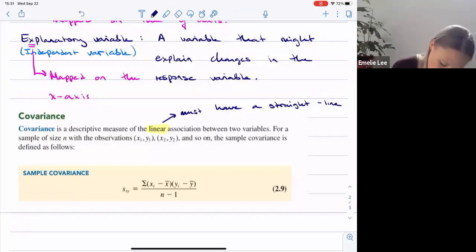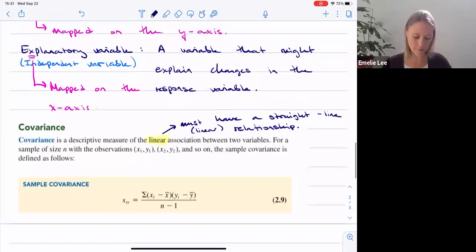So we can just say linear relationship. The covariance is one of the ways that we can measure the relationship.